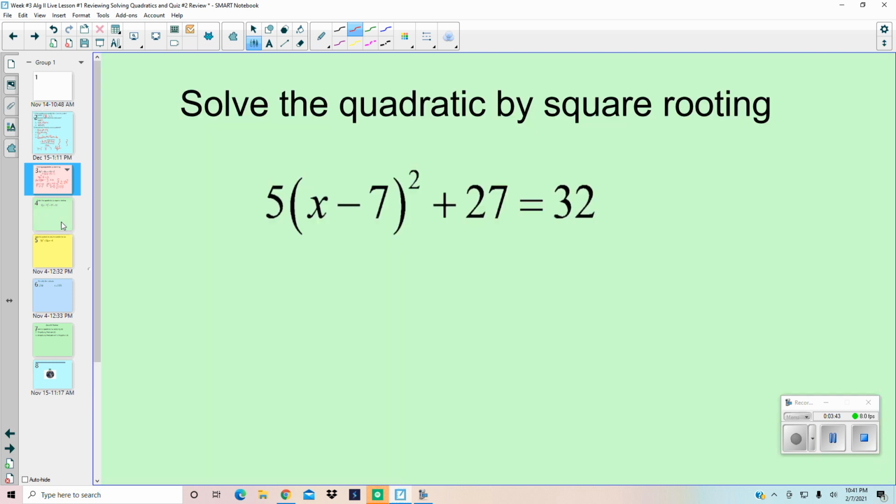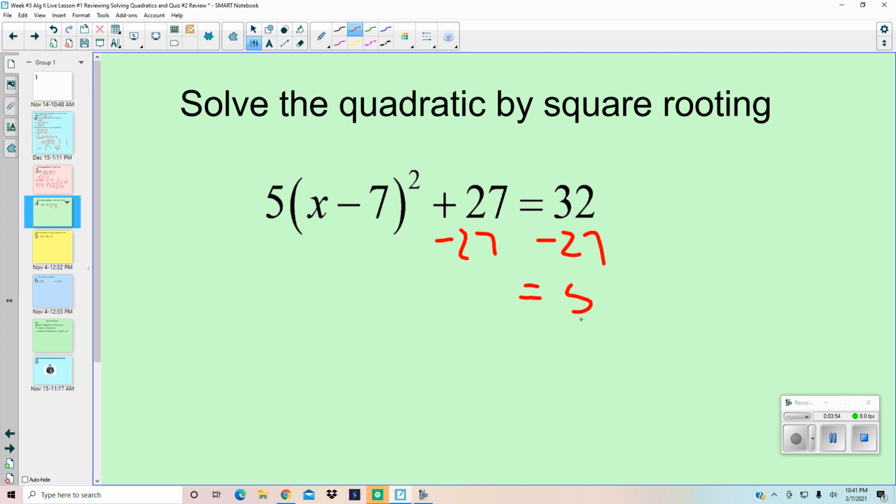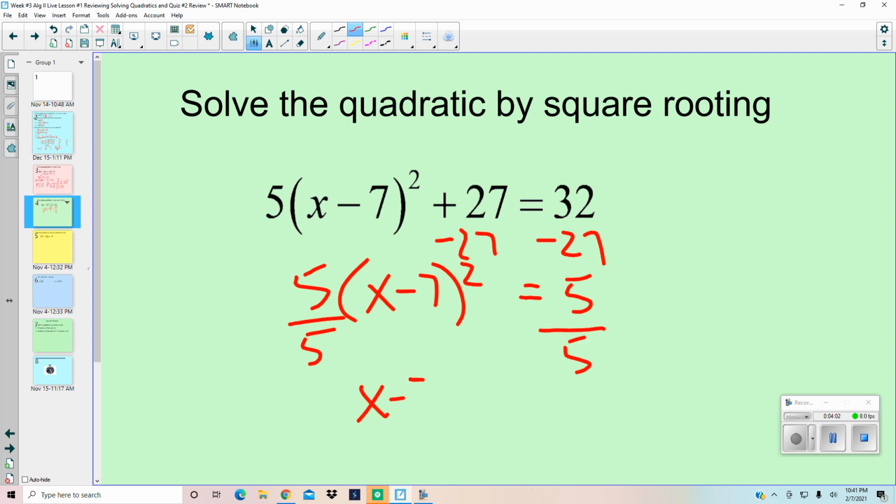When you solve by square rooting, you want to isolate the square. So the first thing you do is subtract 27. Then you divide by 5. Then you square root. And when you square root, you've got to make sure that you include the positive and the negative.